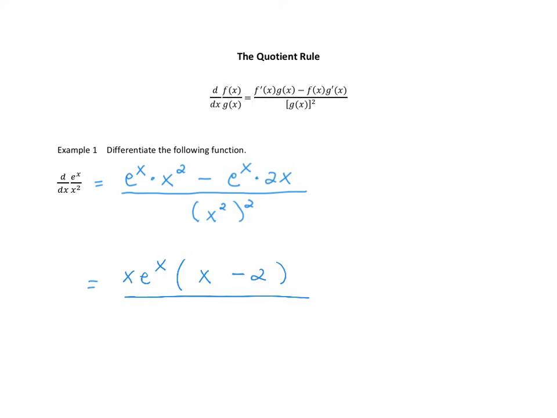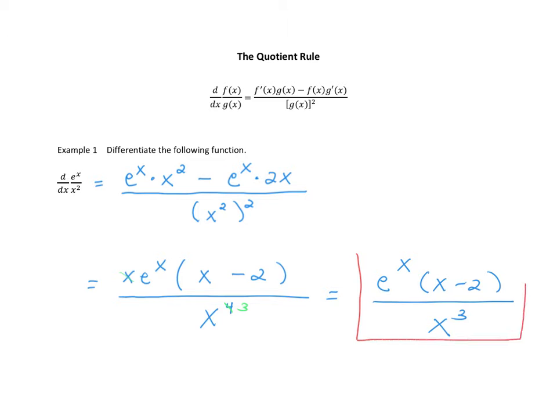And your denominator, if you're squaring x squared, that is x to the fourth. I see that there's an x to the first in the top and an x to the fourth in the denominator, so I can cancel this x, provided that I reduce this down to a 3. And so my completely simplified answer would be e to the x times x minus 2 all over x cubed.